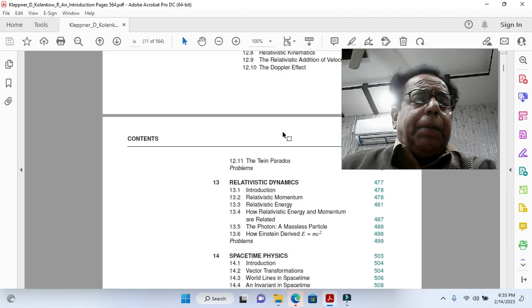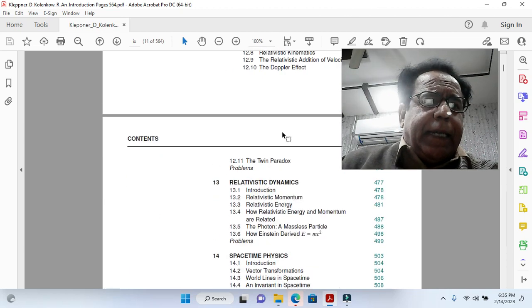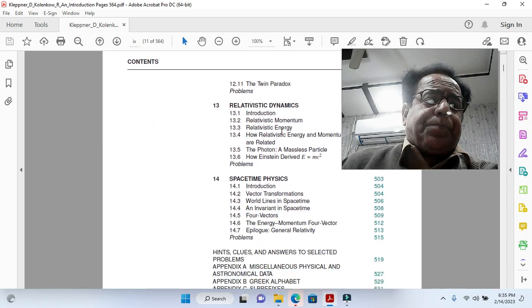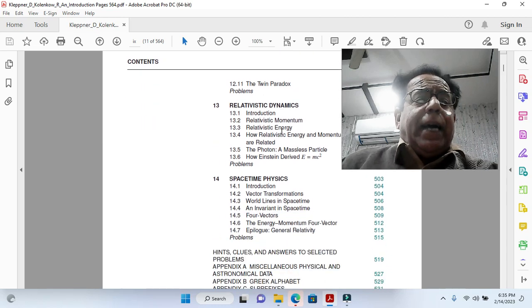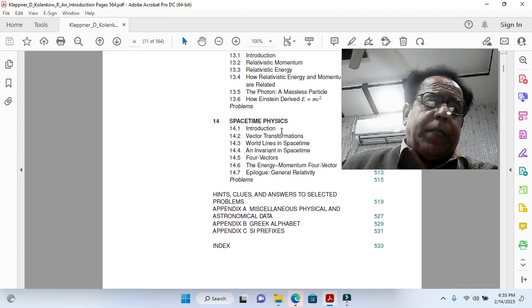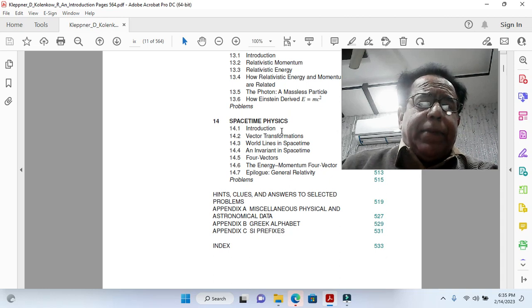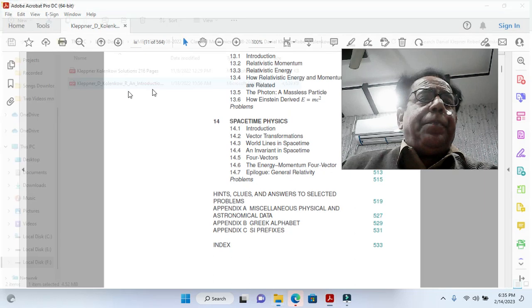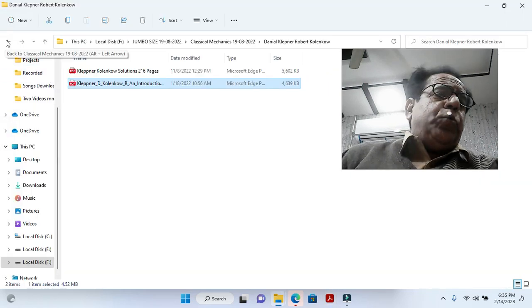Its chapter number 13 is under title Relativistic Dynamics. And its last chapter, chapter number 14, is under title Space-Time Physics. And index is given at page number 533. I think it is enough. Now we move to next book.